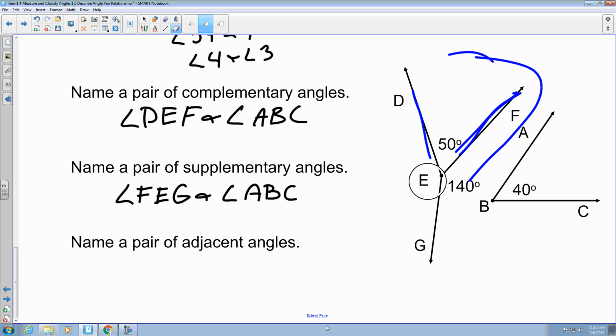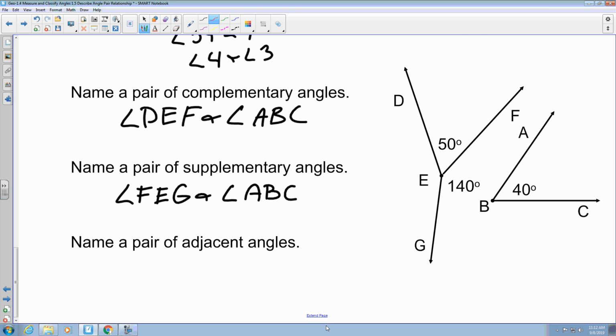Let me clean it up a little bit. We can say that angle GEF and angle DEF are adjacent angles.